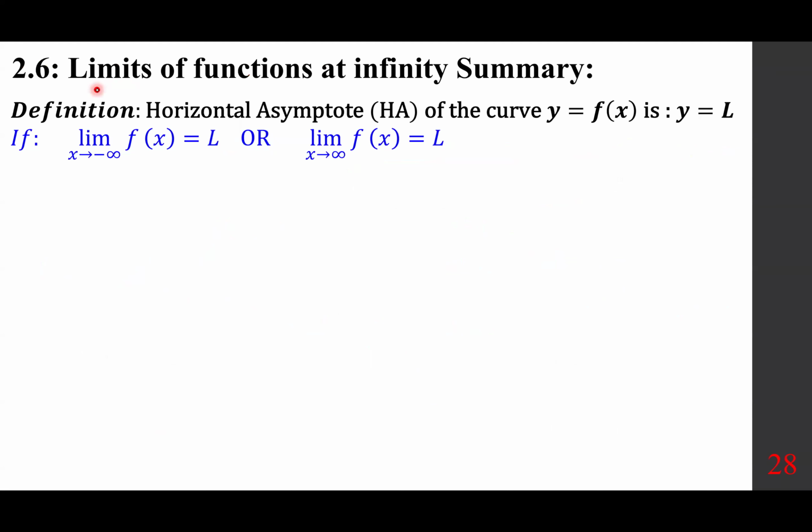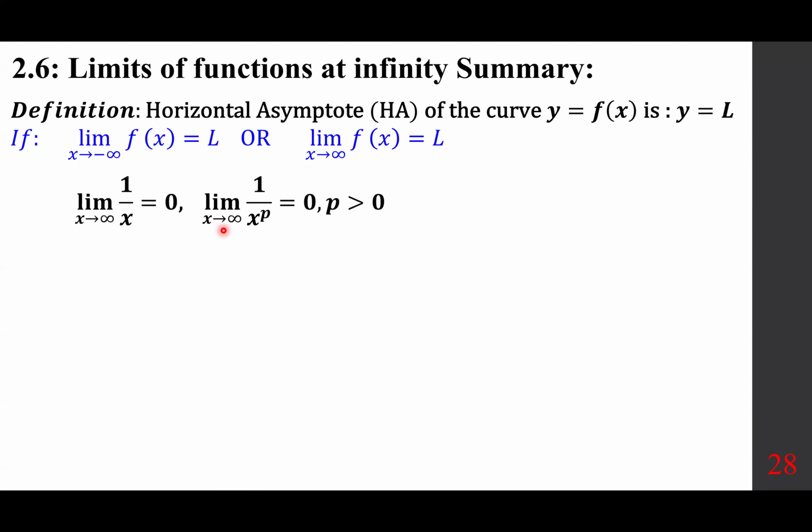Limits of functions at infinity. Here's the summary definition: horizontal asymptote HA of the curve y equals f of x is the equation y equals L, if the limit of f of x as x approaches negative infinity is L, or the limit of f of x as x approaches infinity is L. The limit of 1 over x as x approaches infinity is 0.